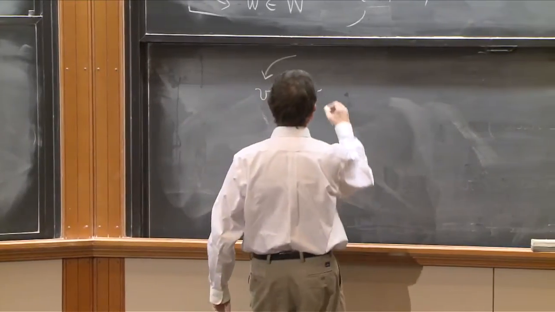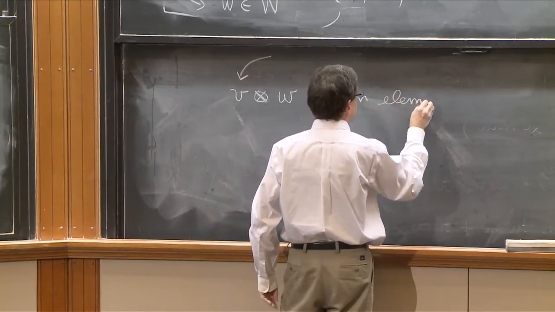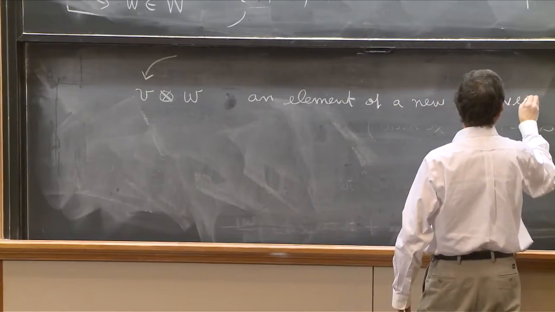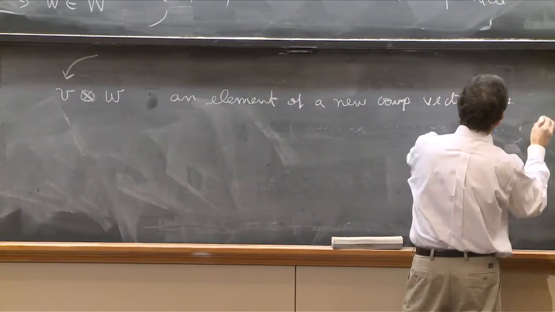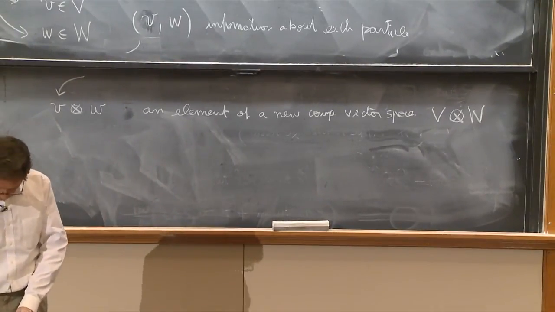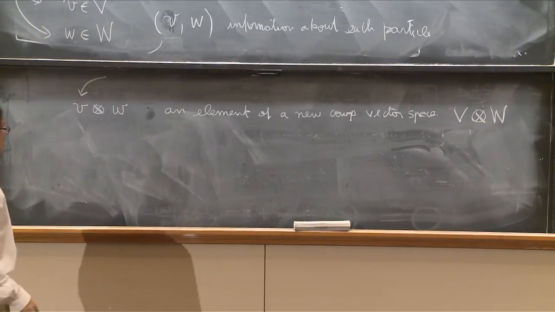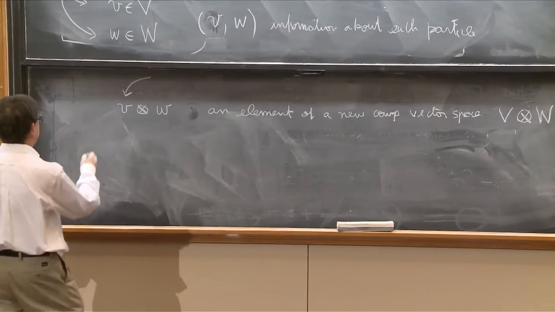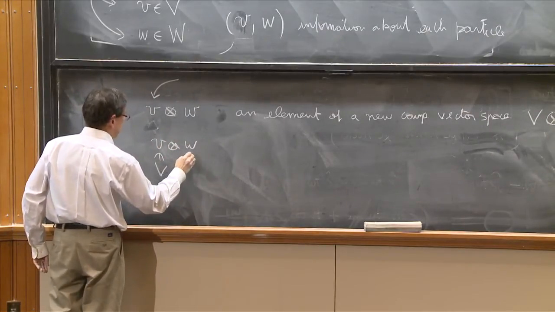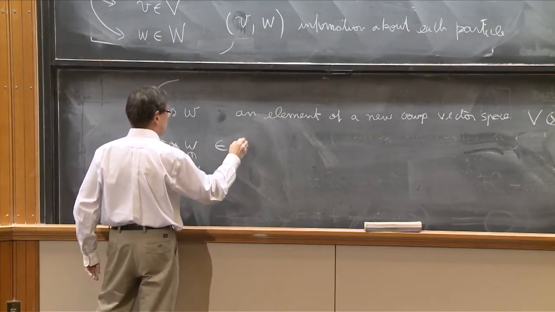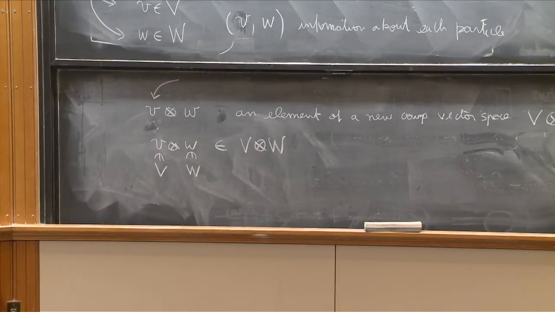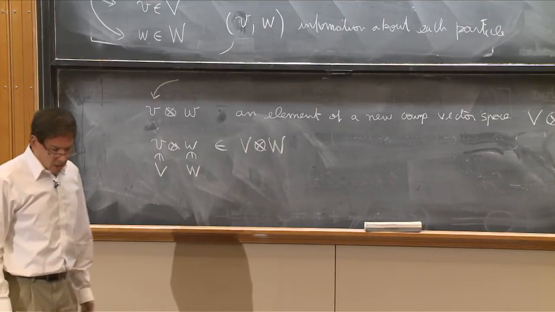And this will be said to be an element of a new complex vector space, V tensor W. So what we are saying here, with v belonging to V and w belonging to W, is that this thing belongs to V tensor W, the tensor product of the vector spaces.